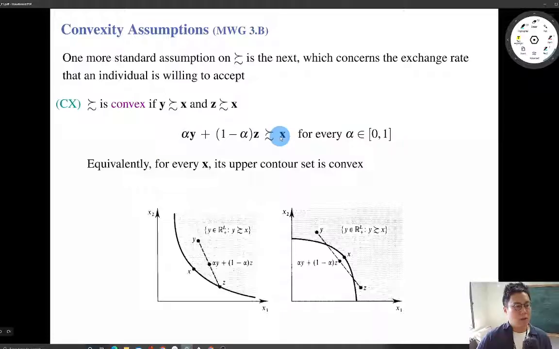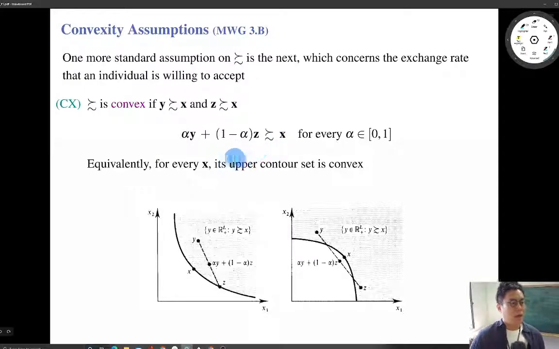It can be simply interpreted as: if the consumer prefers y over x and z over x, then any average bundle, any mixed bundle between y and z, will be weakly preferred to bundle x.